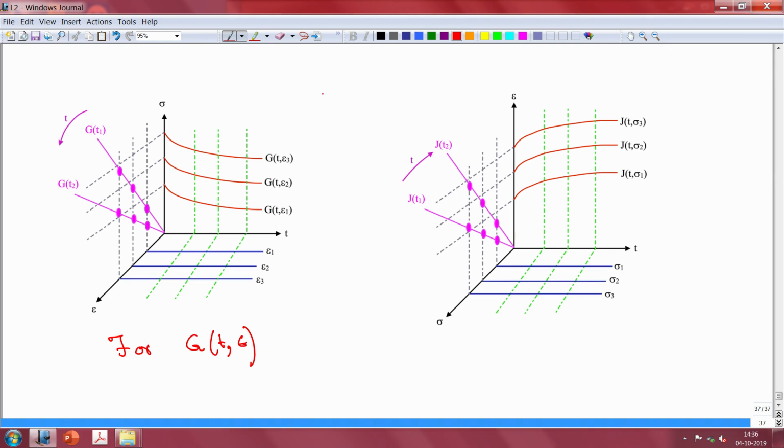By the way, I will just add that here the slope is 1 by J of T1, 1 by J of T2. So this is for the two cases.